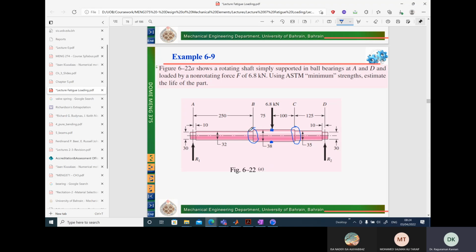However, if we take a look at this problem, we are not given any fillet radius, so we cannot actually figure out what the stress concentration factor is, and perhaps they consider this point as the critical point where the bending moment will be maximum. For a simply supported beam, you know how the bending moment diagram is. It will be like this, reaching a maximum value where you apply the load. So we just need to find what the maximum bending moment is.